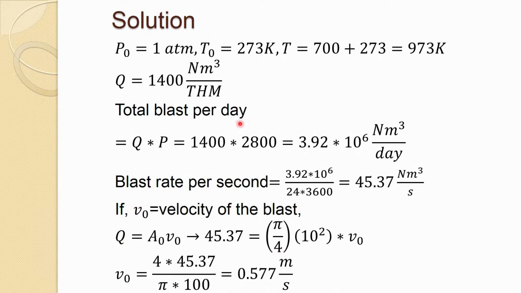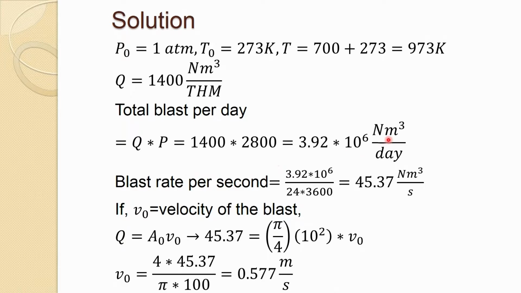So total blast per day would be, we know already the blast rate and we know the production. So that will give us the total blast per day, so much normal meter cube per day.